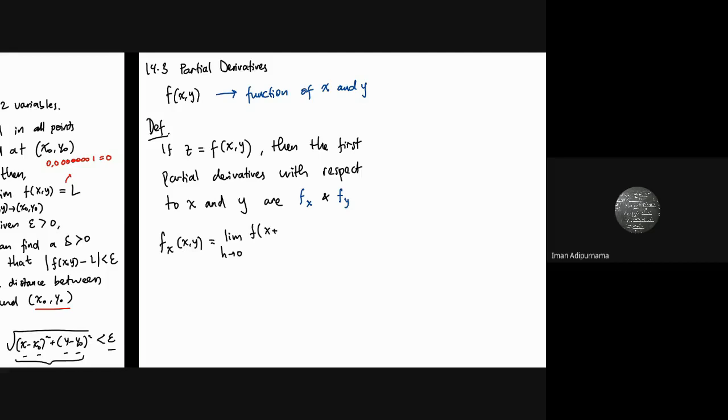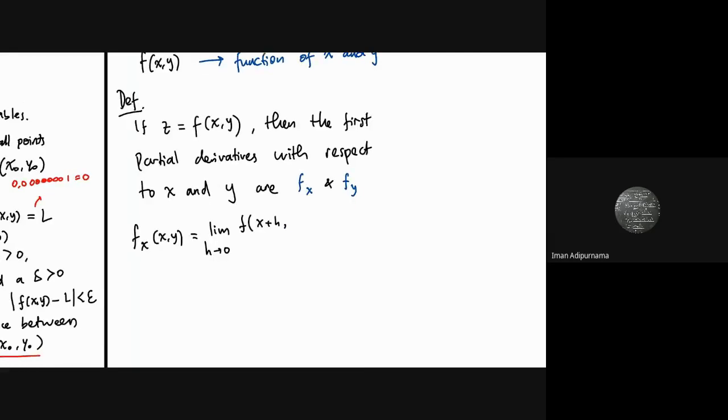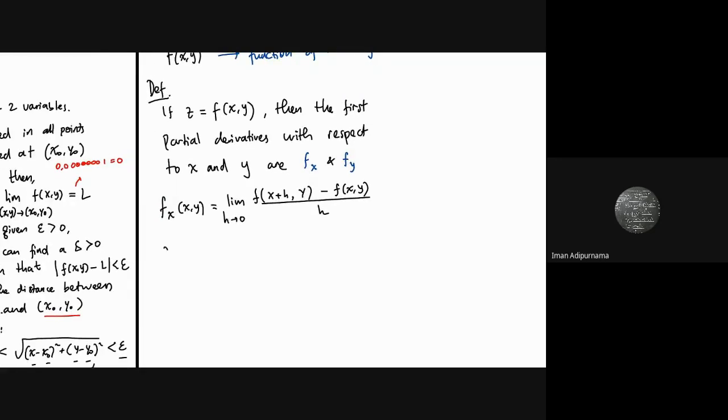The difference is that we are adjusting this to have x and y. And then partial y, now we add the h to y, so f of x, y plus h.